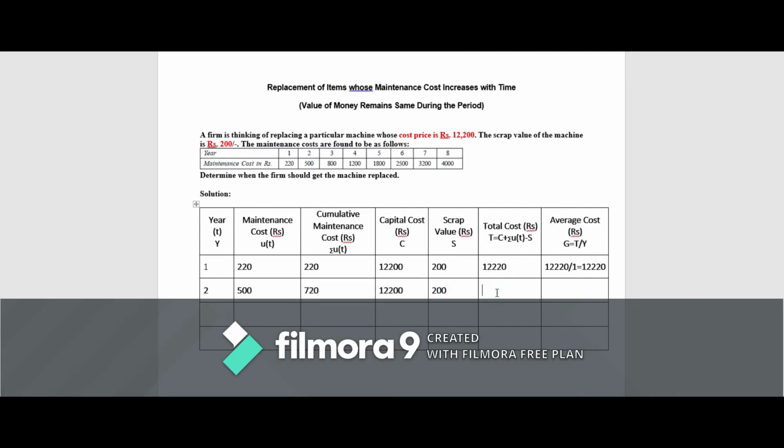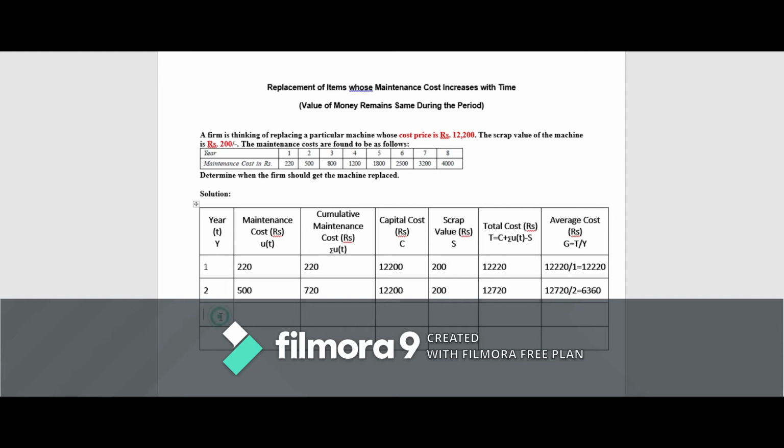So the total cost for the second year is 12,720 and the average cost equals 12,720 divided by 2, which is equal to 6,360.